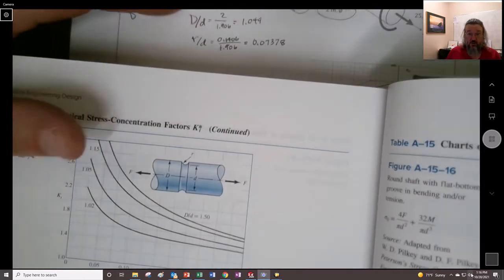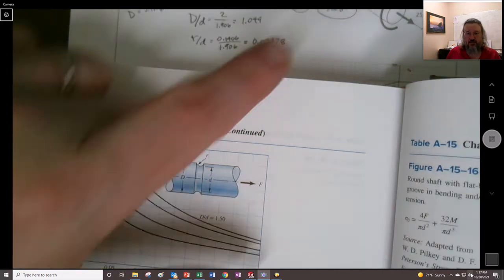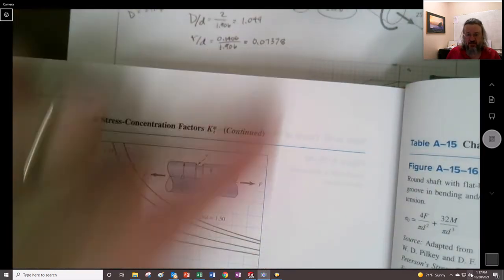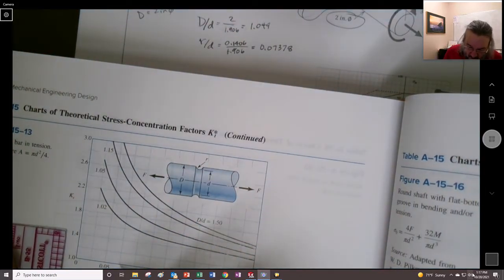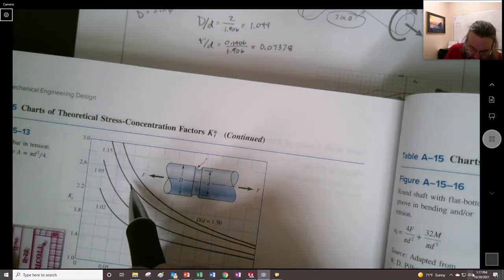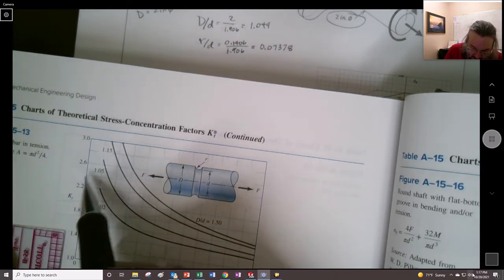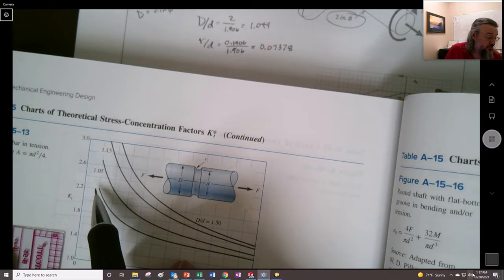So we had 1.049, about 1.05, and 0.07378, so close to 0.075, so close to this and close to this. And by the way, that's 2.2, 2.4, 2.6. So 2.3 is halfway in.